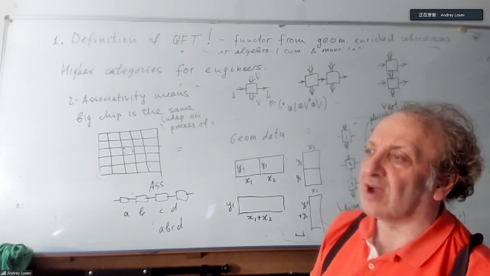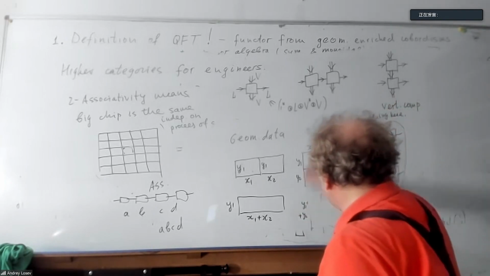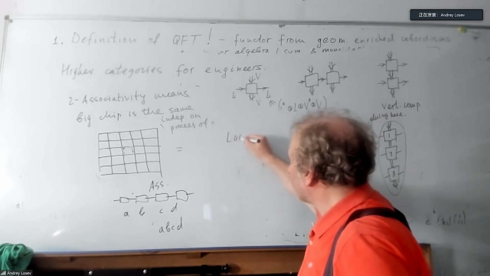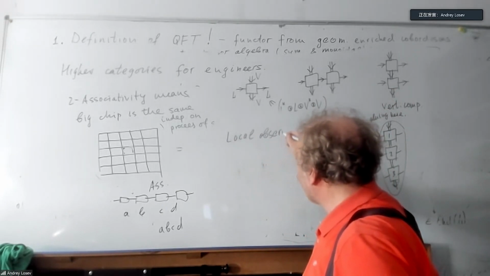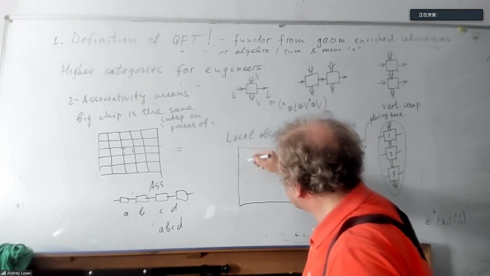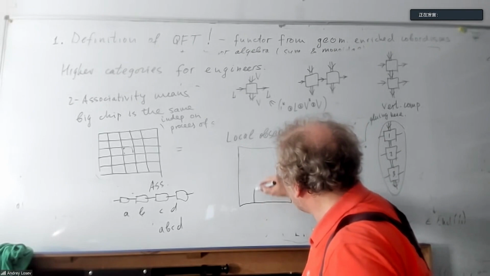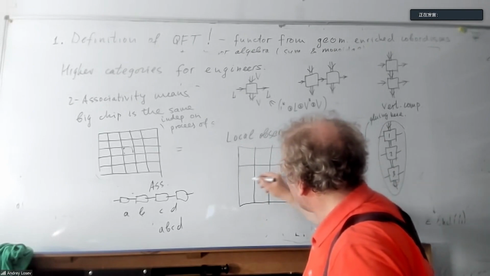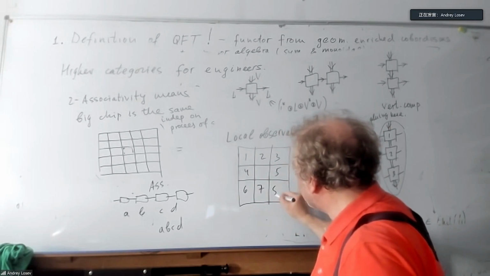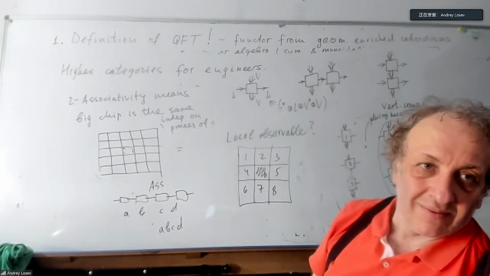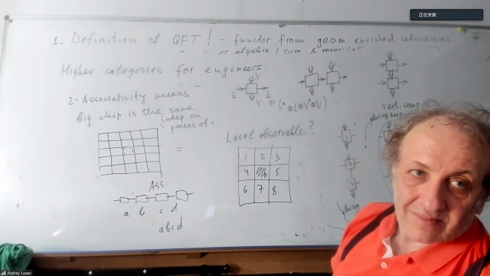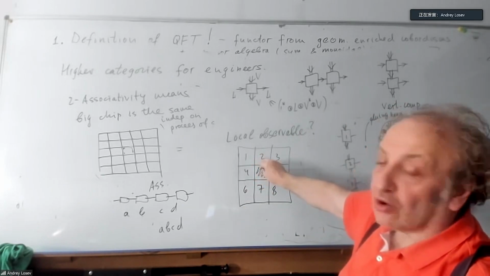However, it's not that easy to have a hole in rectangle theory. So what is the local observable? One, two, three, four, five, 6, 7, 8. And here we have a hole. It's an annulus. And then you can make this hole smaller.